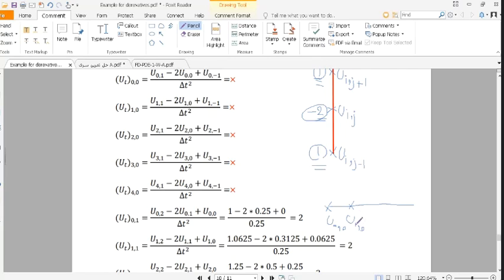Because we are in the first line, the second index is 0 for all points in the first line. The next point is u2 and 0. The next point is u3 and 0. And for the last point, we have u4 and 0.